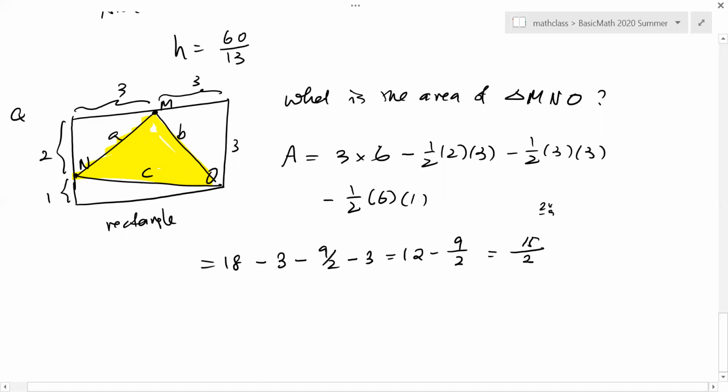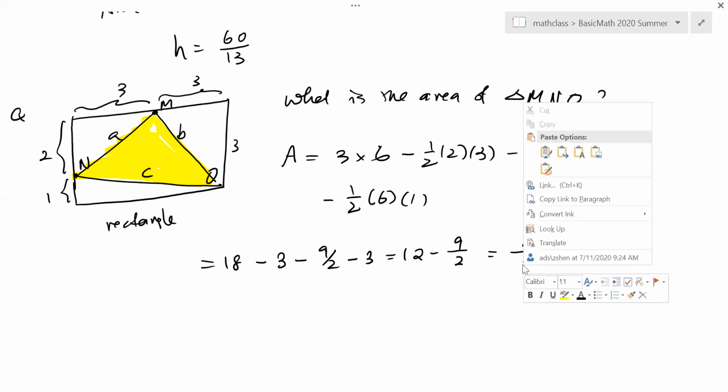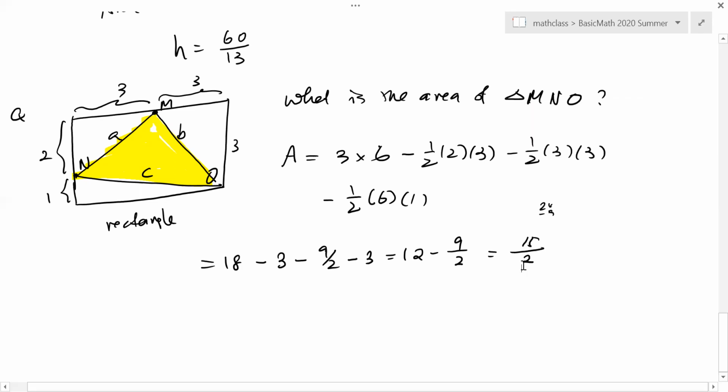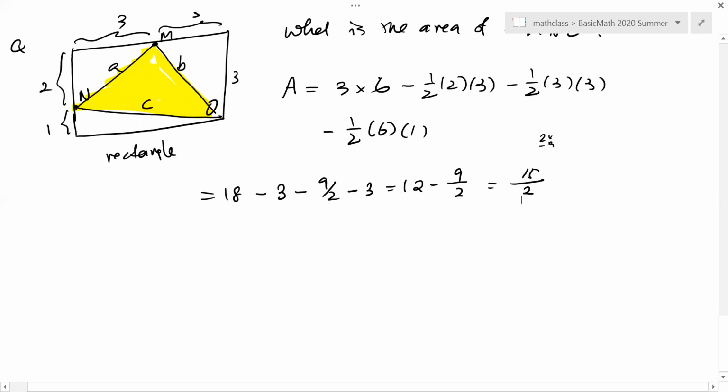Now, are you able to determine the length of each side of the triangle? Yes, but you have to use the Pythagorean theorem to do that, okay? So let's apply the Pythagorean theorem, for practice.